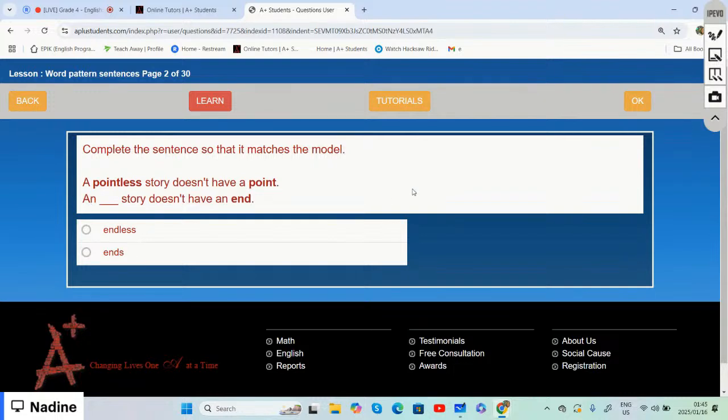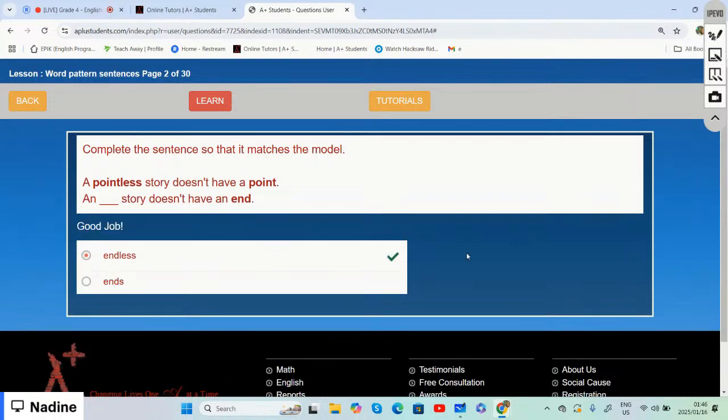Which one is correct? And if we were to choose the correct word, then we will say an endless story doesn't have an end.